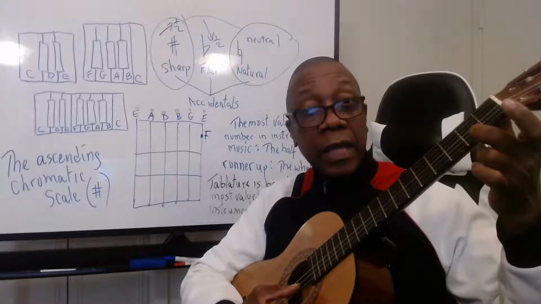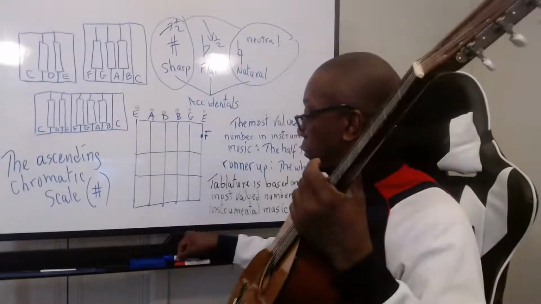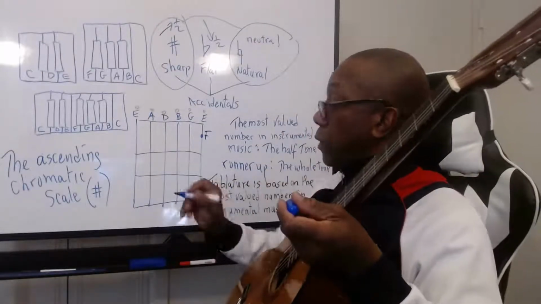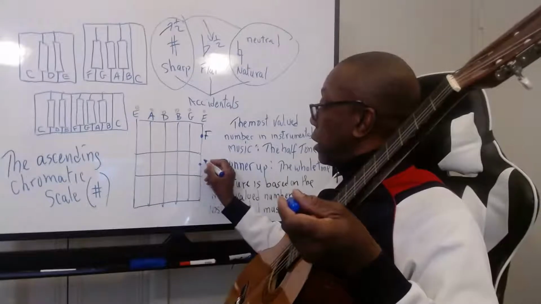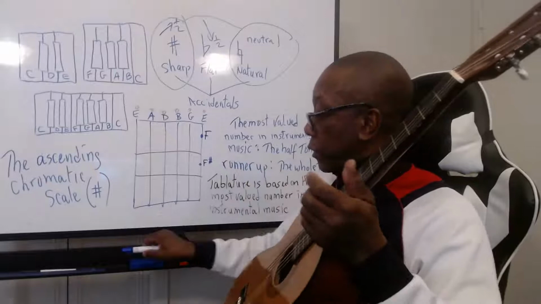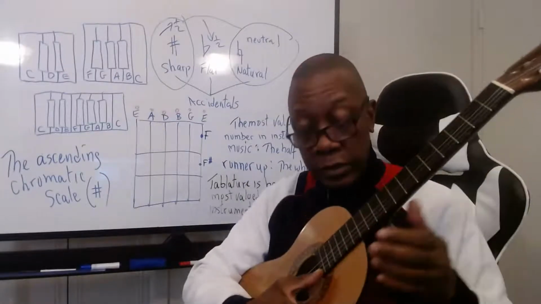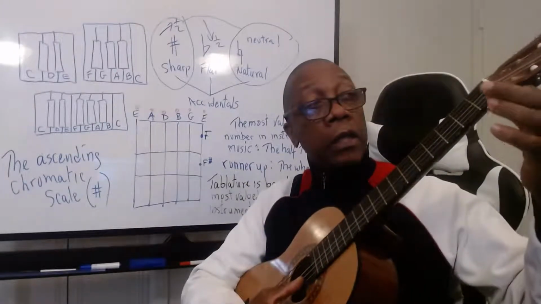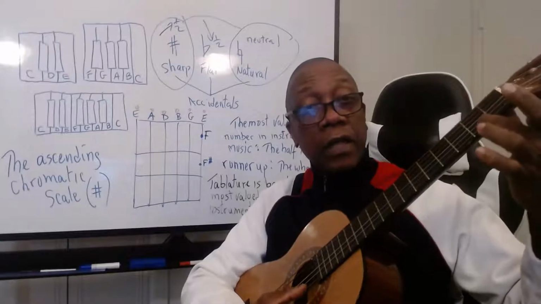What's next? F sharp. So everything goes by half step, right? We have open E, F, F sharp.